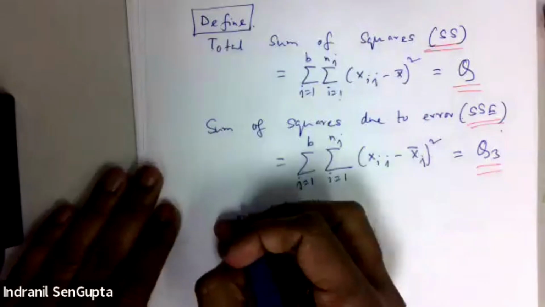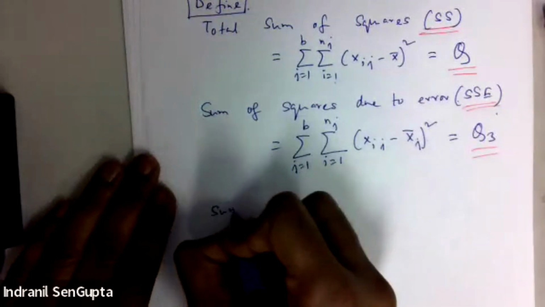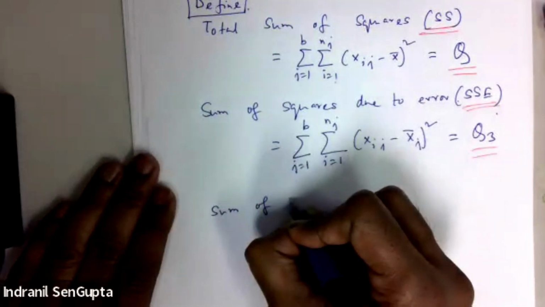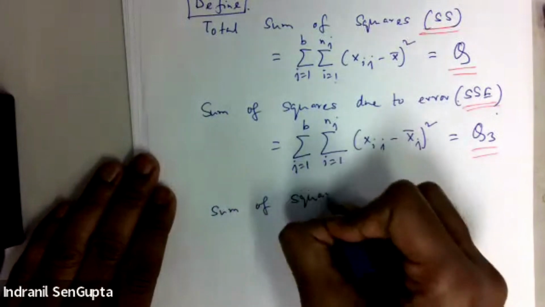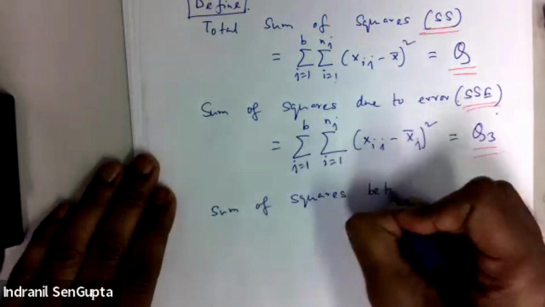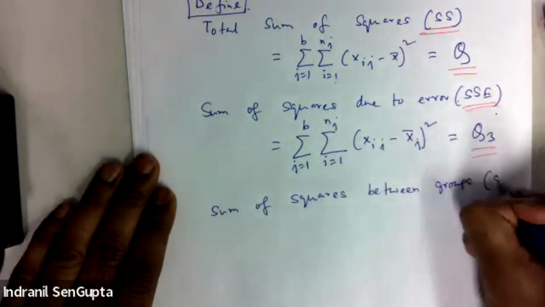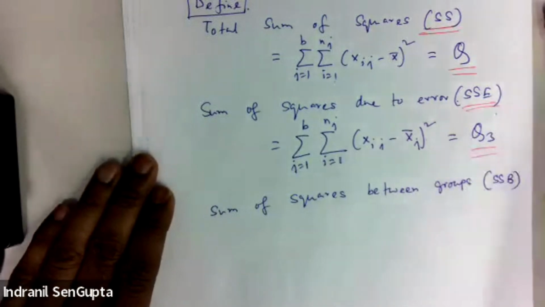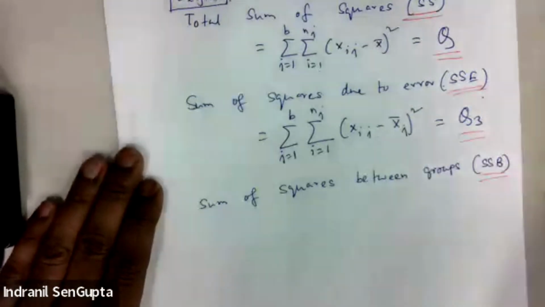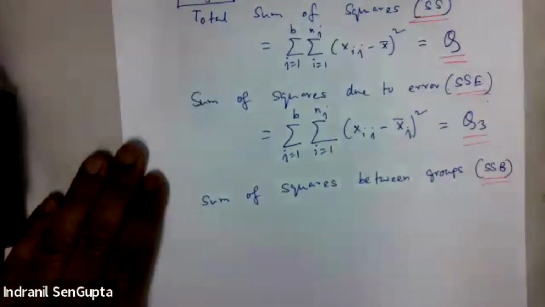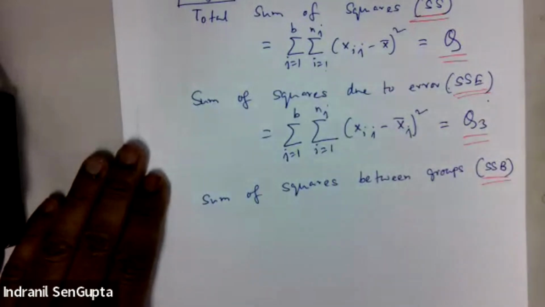And finally, the sum of squares between groups. Remember the examples for the machine. For each machine, it's making a different error compared to the general mean.